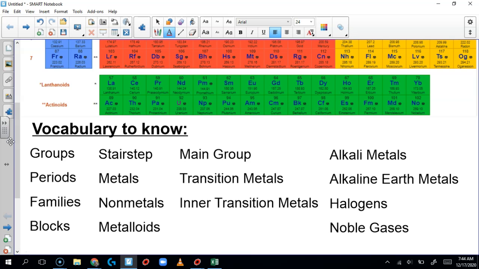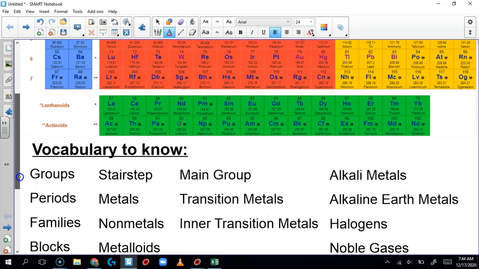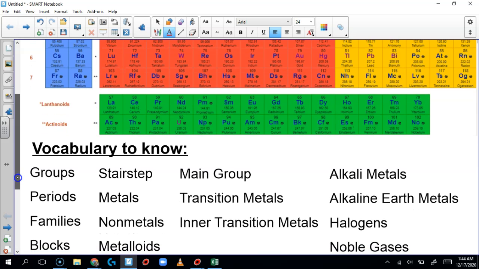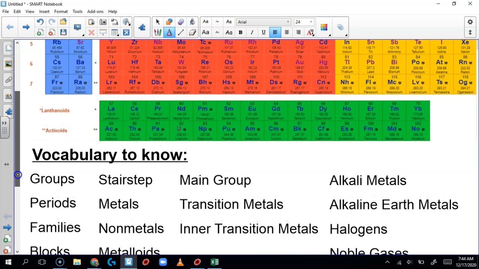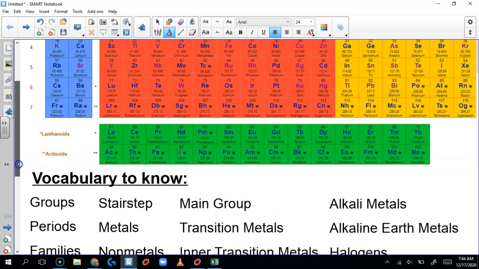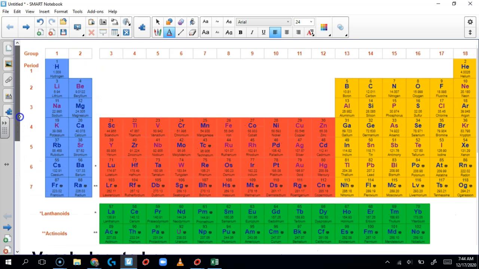Okay, so now that you are ready to go, we have these vocabulary words, and how I'm going to define them is by actually using them and pointing them out to you on a periodic table. So I have a periodic table up here.